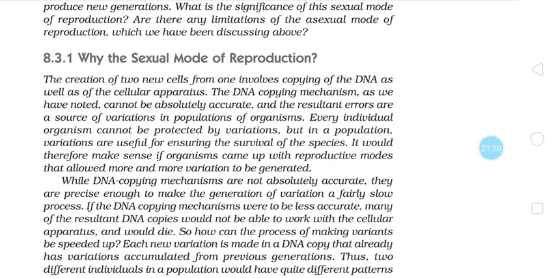Every individual organism cannot be protected by variations, but in a population, variations are useful for ensuring the survival of the species. It would therefore make sense if organisms came up with reproductive modes that allow more and more variations to be generated.